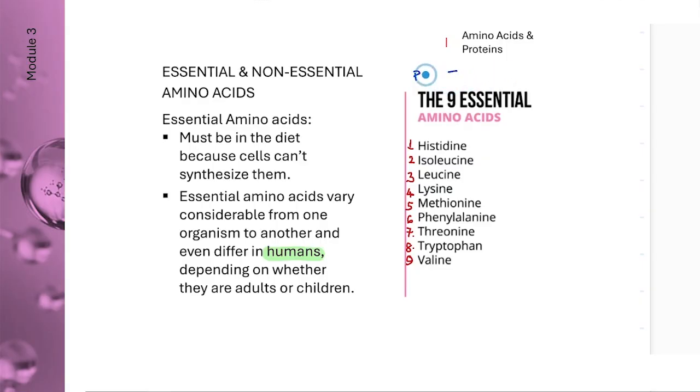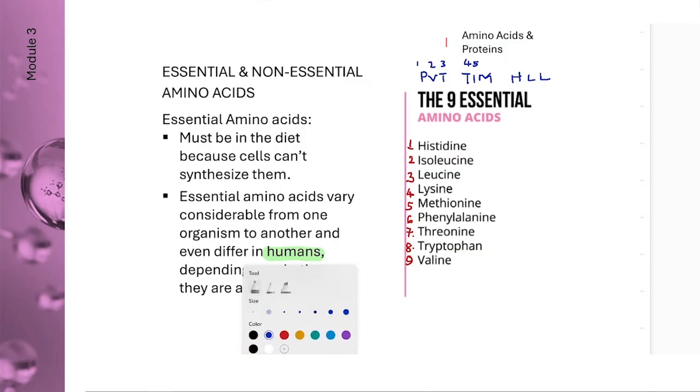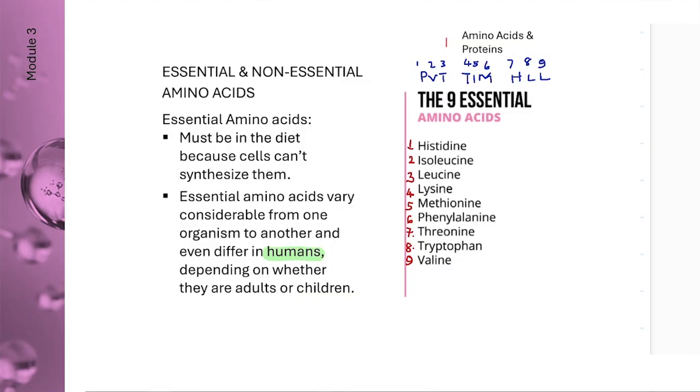So usually we skip that A, and it becomes PVT TIM HALL, and 1, 2, 3, 4, 5, 6, 7, 8, 9, making those 9 essential amino acids. So don't forget PVT TIM HALL. You skip the A for Hall.